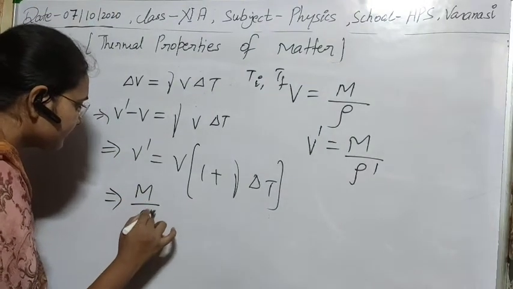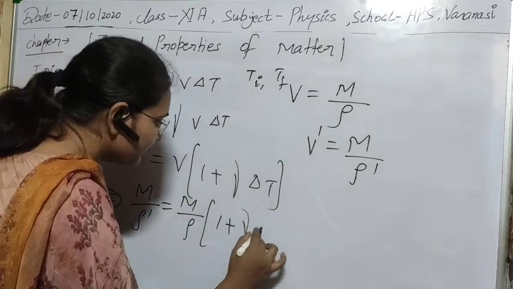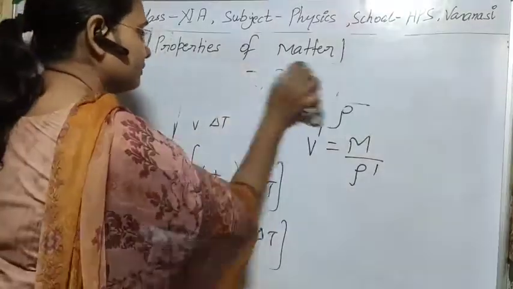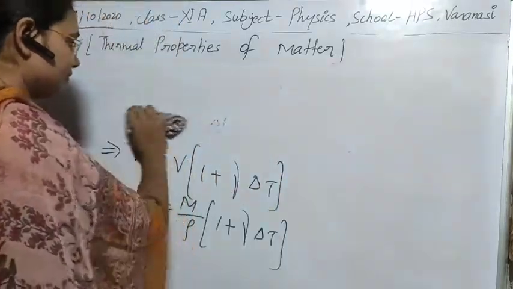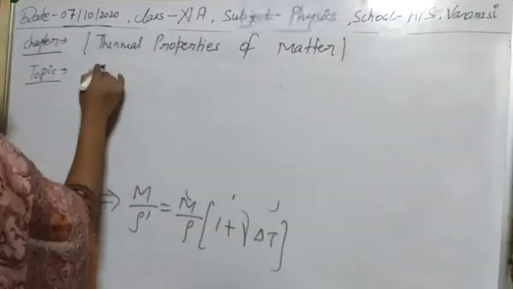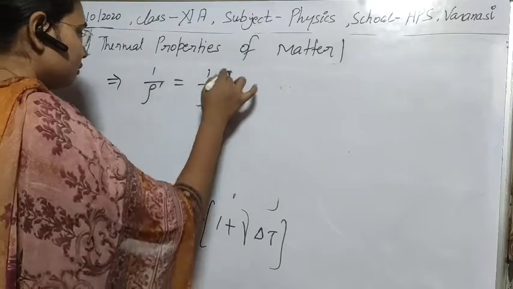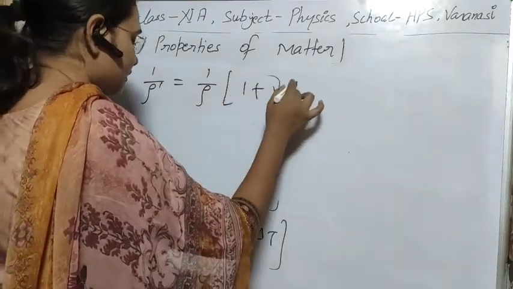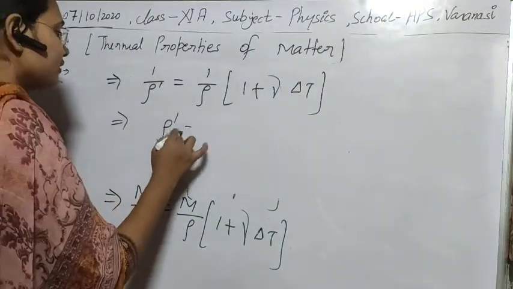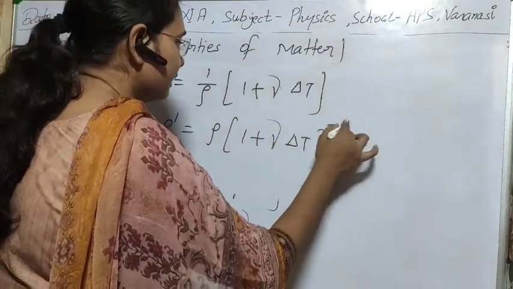So we can write here m upon rho' equal to m by rho times (1 plus gamma delta T). So again we can write from here 1 upon rho' equal to 1 upon rho times (1 plus gamma delta T), or rho' equal to rho (1 plus gamma delta T) to the power minus 1.